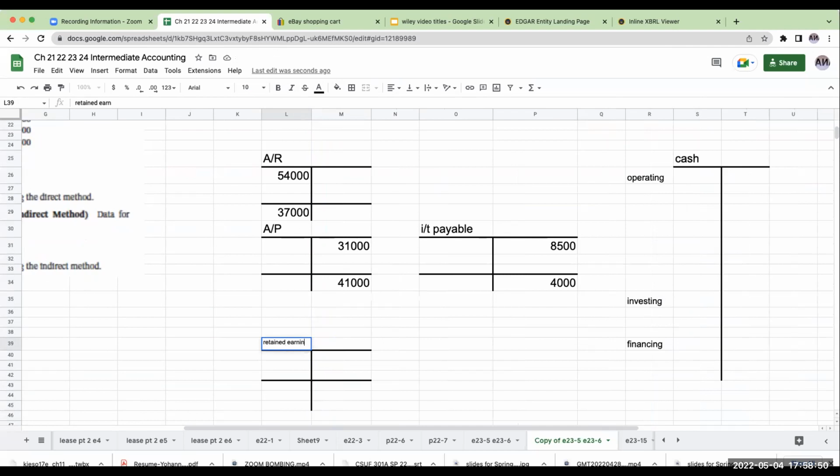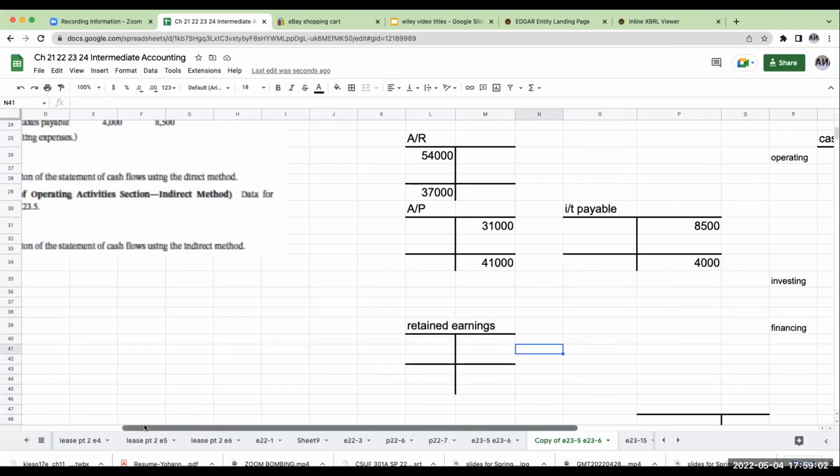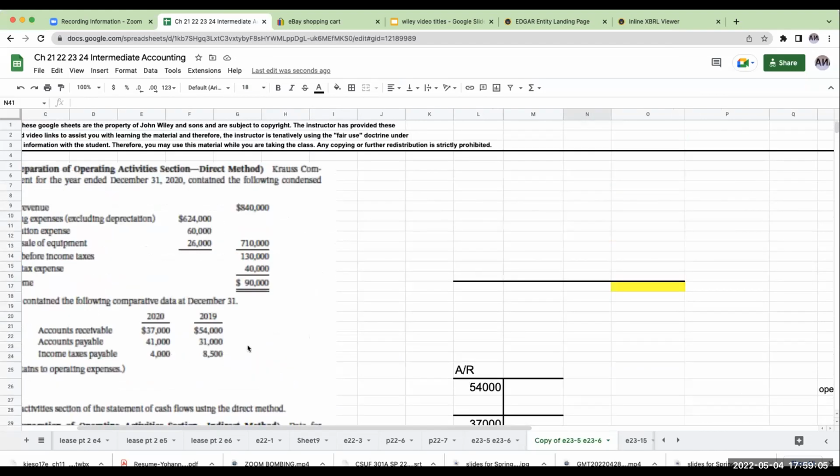One of those accounts would be retained earnings. Although we're not given all of the information here, we are given that the company had net income of $90,000.